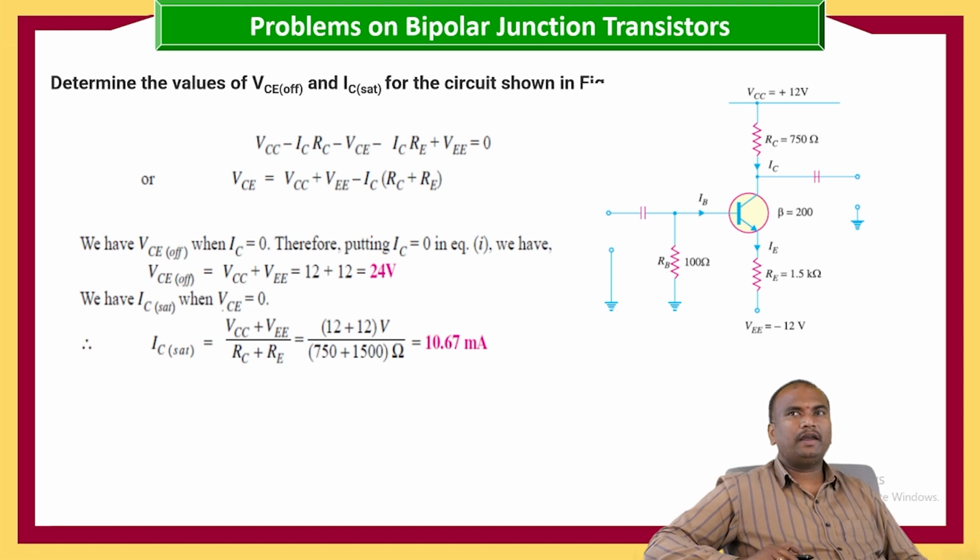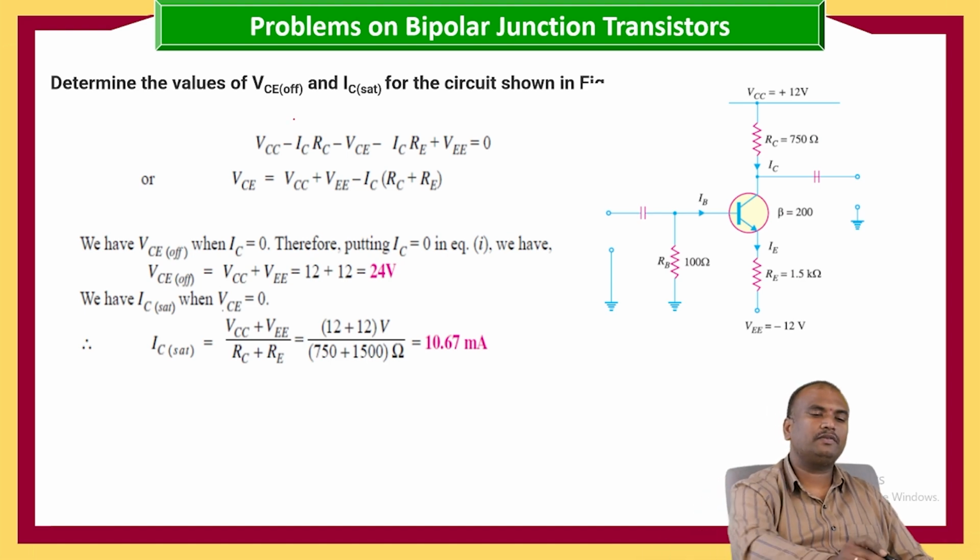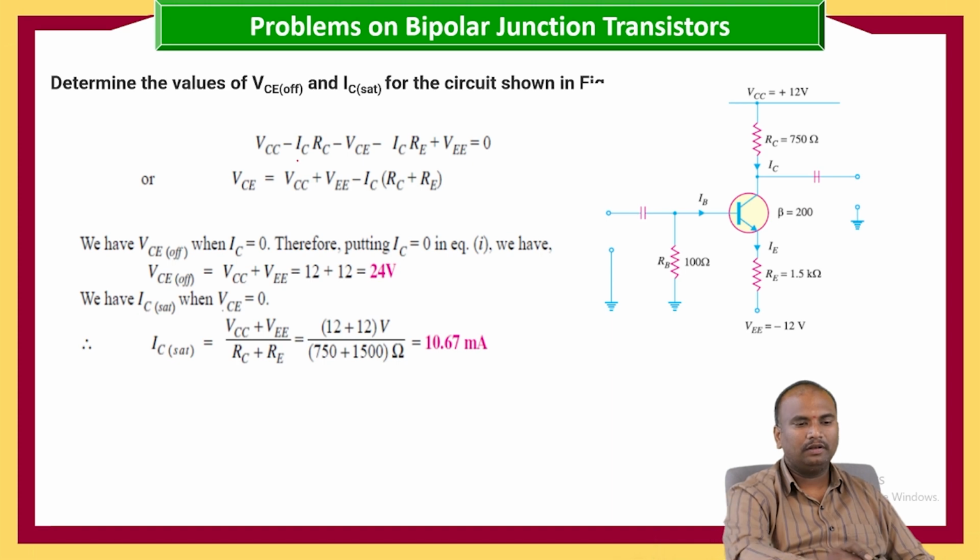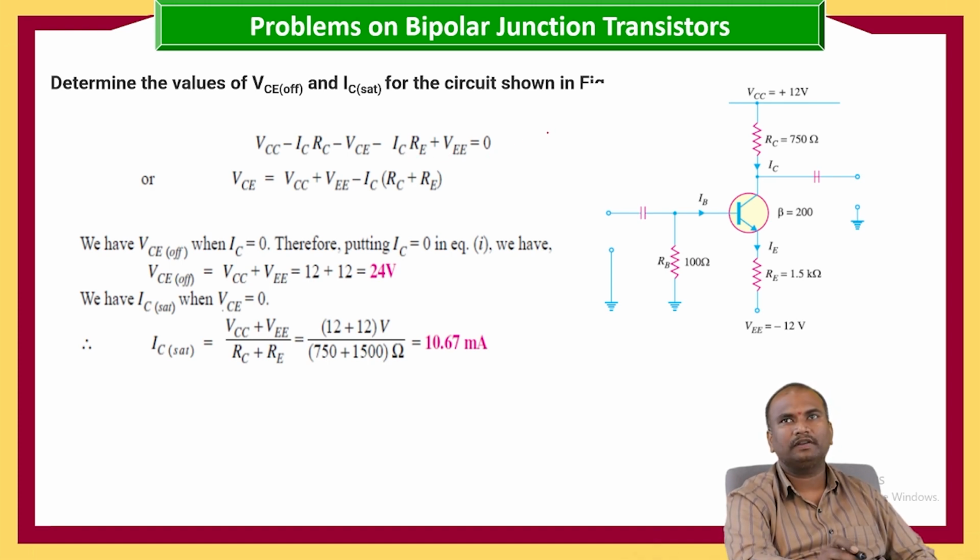Now determine the values of VCE off and IC saturation for the circuit shown in figure. Here VCC minus IC RC minus VCE minus IC into RE plus VE is equal to 0, where VCE is equal to VCC plus VE minus IC into RC plus RE.